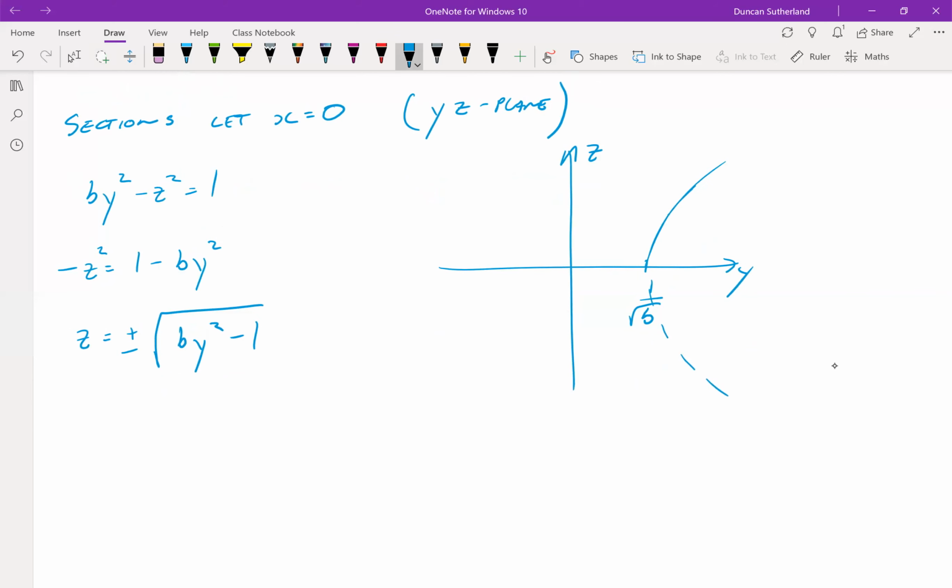Obviously, because we've got the squared here, everything that I just said for this side of the domain, the y positive side, also works for y negative. So we've got this kind of behavior, right? So a hyperbola in the YZ plane.